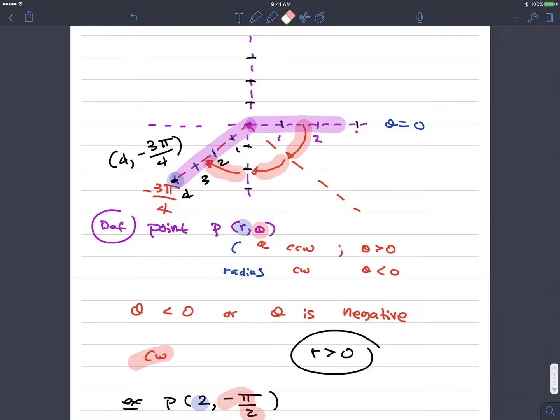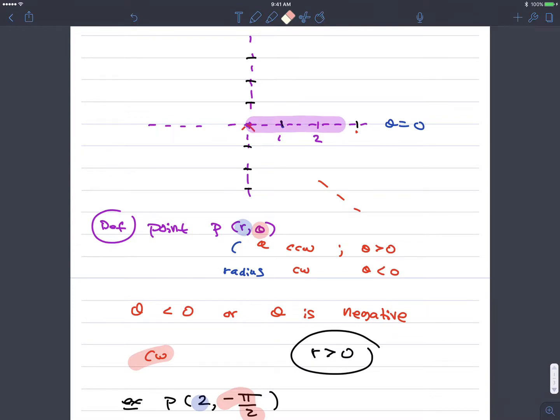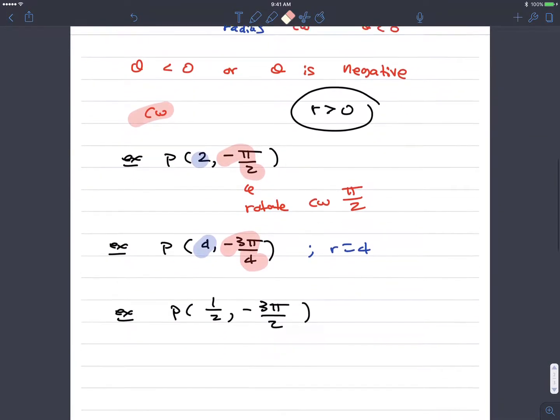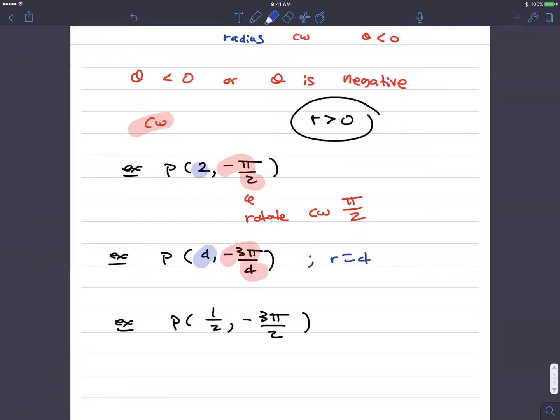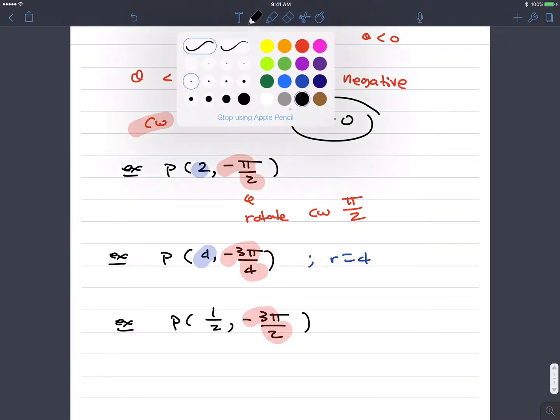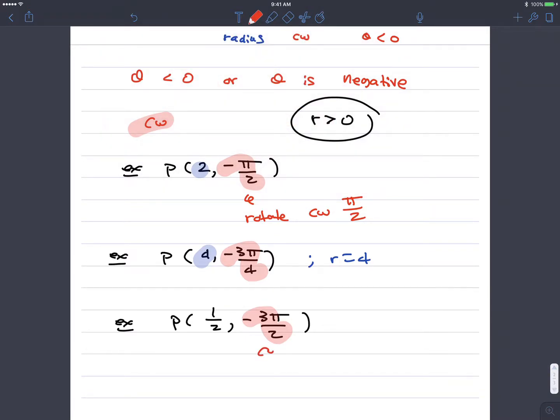Let's erase all this stuff. Where is negative 3π over 2? The angle here is a negative angle. What does our rotation look like if it's negative? Is that clockwise?